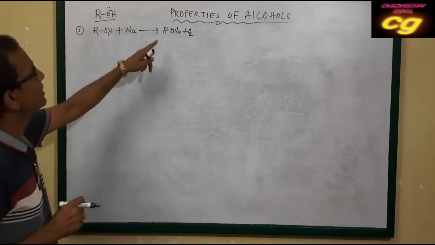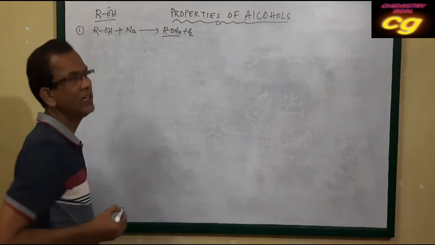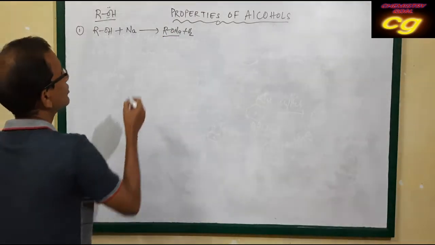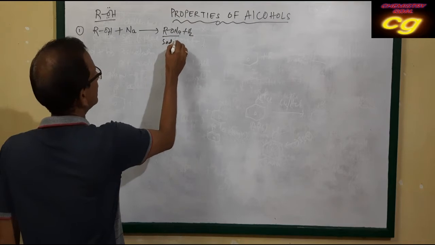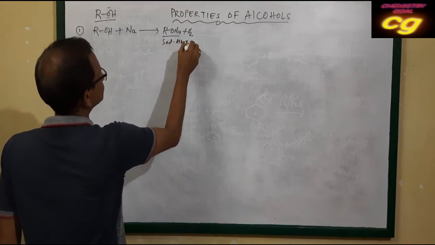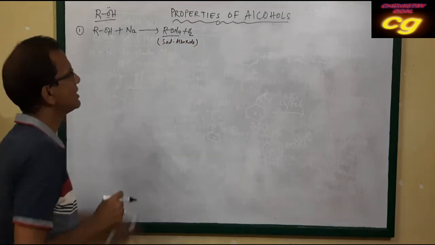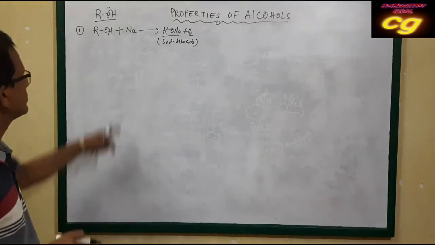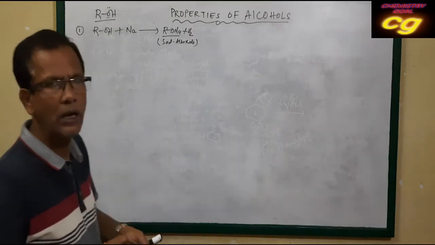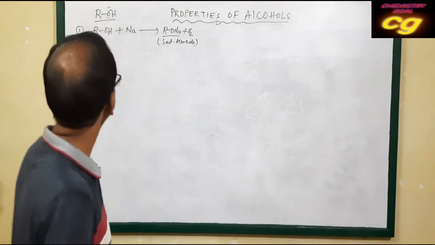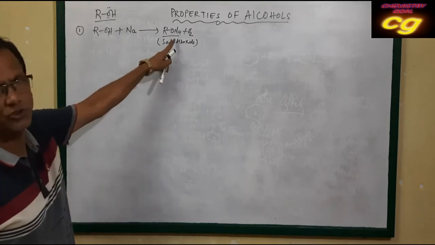This is called sodium alkoxide. The salt is sodium alkoxide and hydrogen is produced. So metals like sodium, aluminium, potassium react with alcohol forming salt and hydrogen.